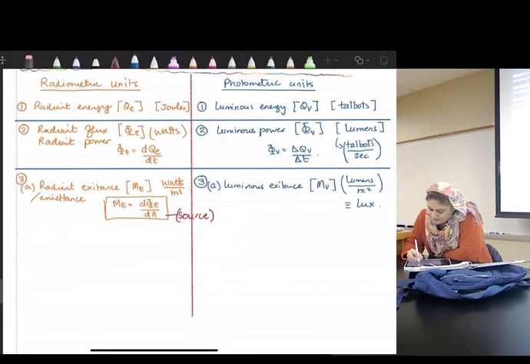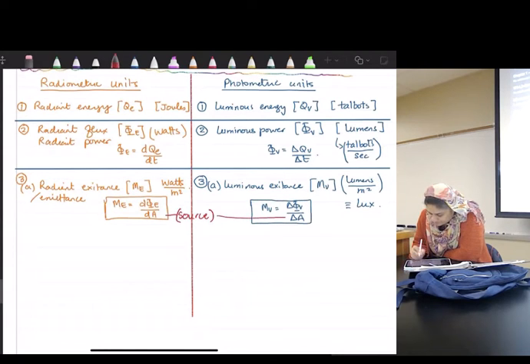And the formula will be MV equals delta phi V over delta A, where again this delta A is the area of the source.